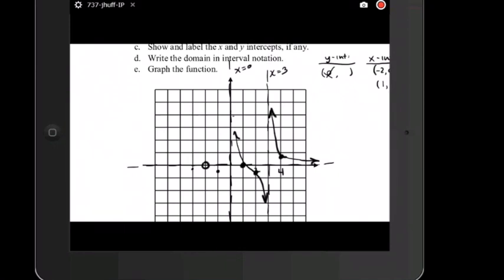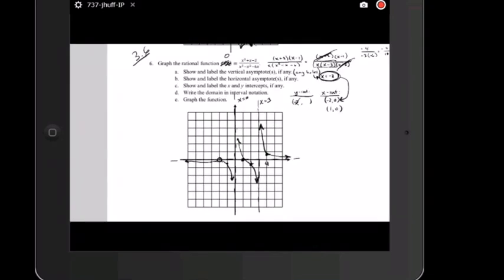That's what it looks like here, as it just kind of skims along. There's a hole in the graph when x equals negative 2. It just kind of skims along that horizontal asymptote all the way out to negative infinity. And that should do it. And what's the domain of this?